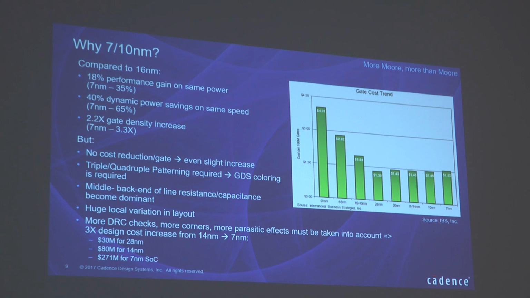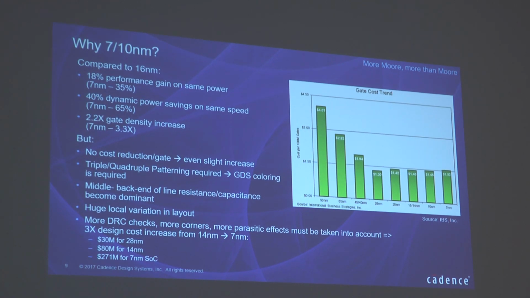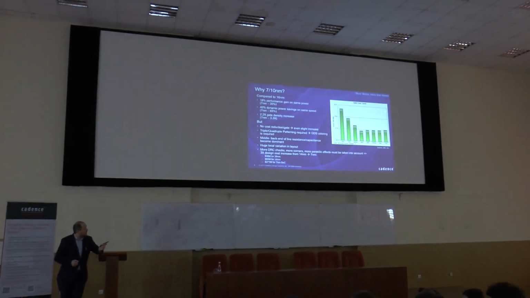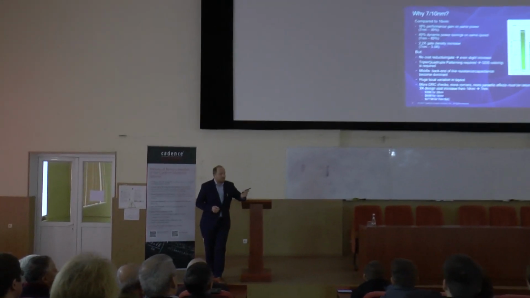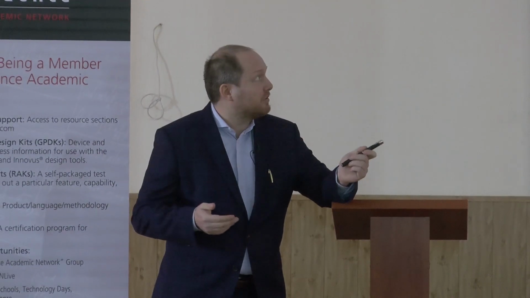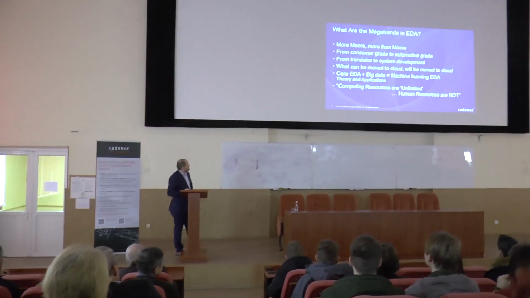But then at 20 nanometers, it basically stopped, and now you even have a slightly cost increase again. So what does it mean? If, for example, you have a processor and you want to implement a second core, when the processor was in 90 nanometers, you could include a second core and produce it in 65 nanometers. But then, because of the cost decrease, this second core would come for free.